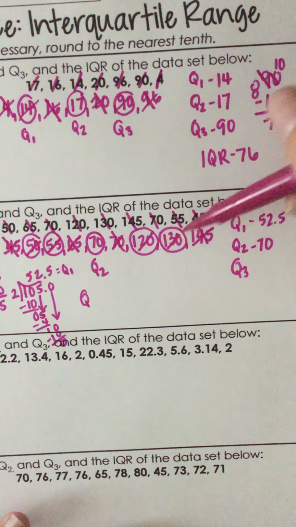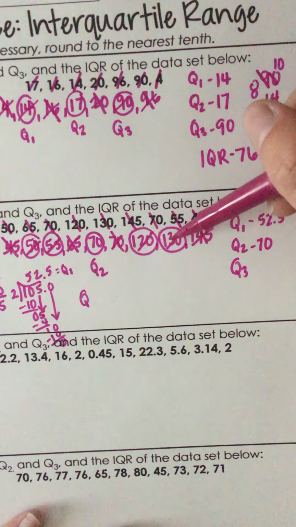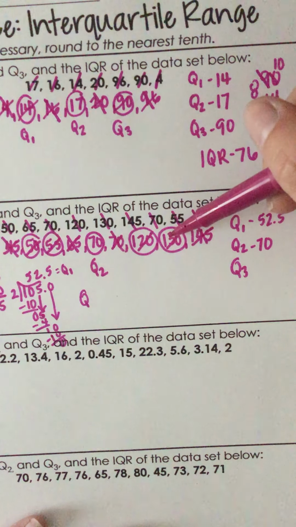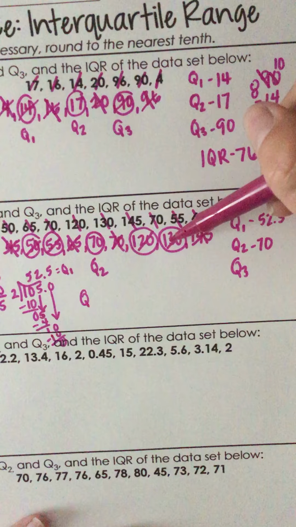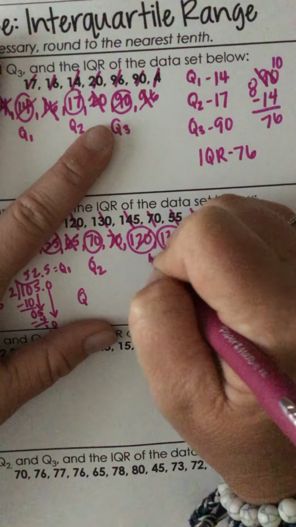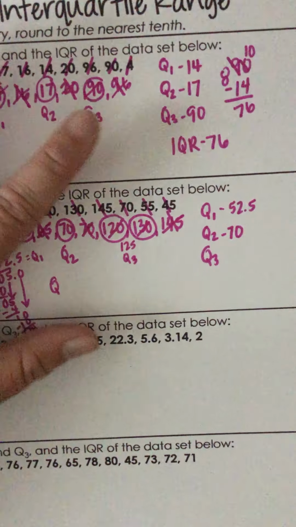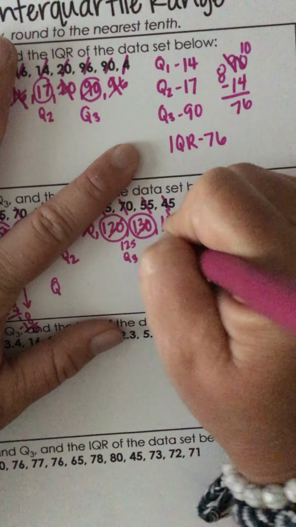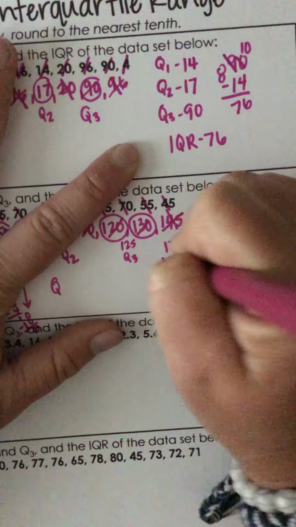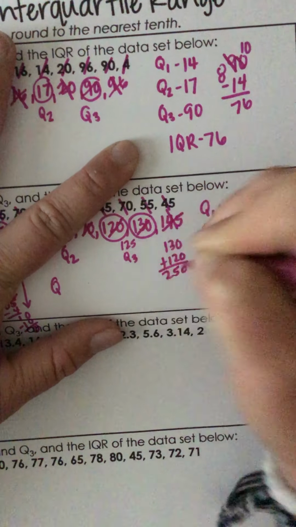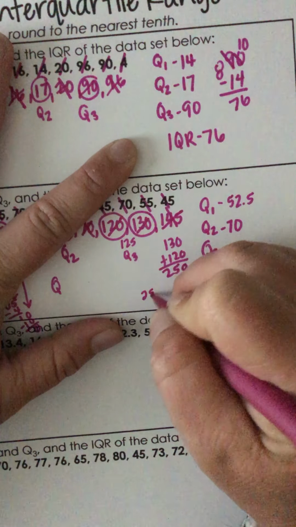And honestly, I know what the middle of those two are without doing any math. It would be 125. So I'm going to go ahead and write that down. And obviously, because I want you guys to get in the right good habit, we are going to add them up, and then we're going to divide it by 2.